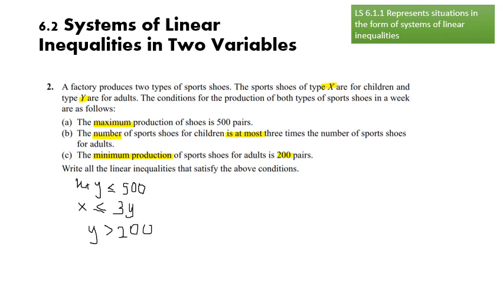Sebab dia kata minimum production is 200. So, dia kena produce lebih banyak daripada 200. Tapi boleh tak 200? Boleh. So, we need to have equal. Alright. Next.